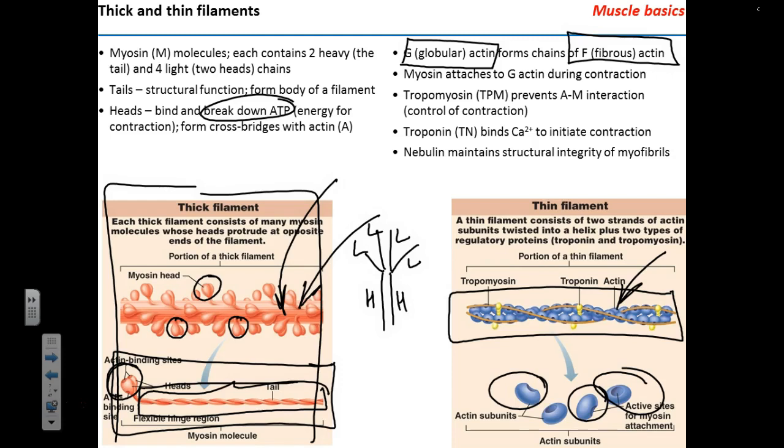Normally actin is bound to two more proteins. This long beige line represents the protein called tropomyosin. Tropomyosin, in fact, prevents interaction between myosin and actin.